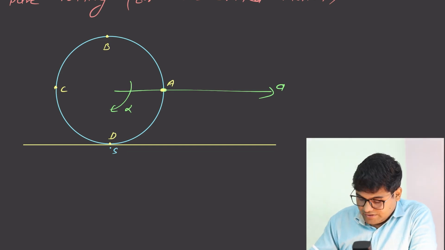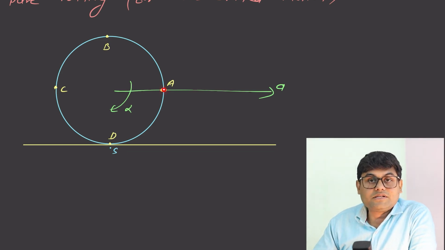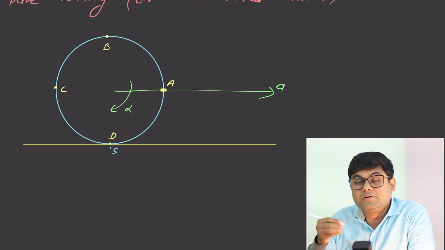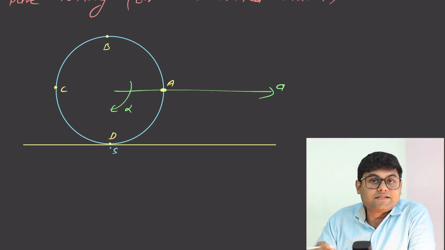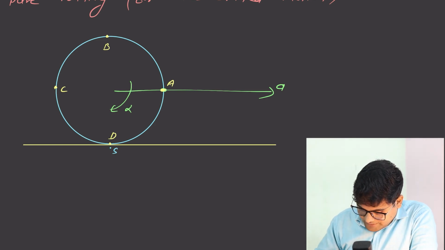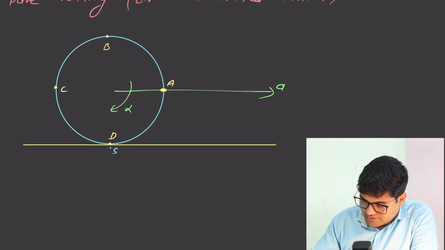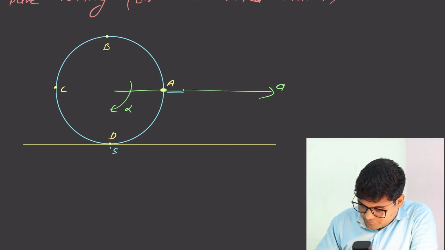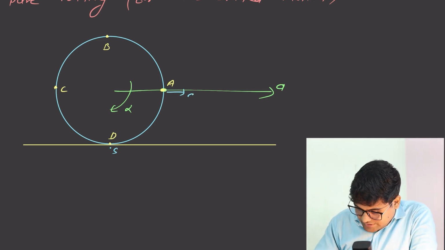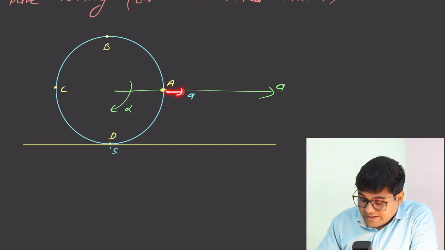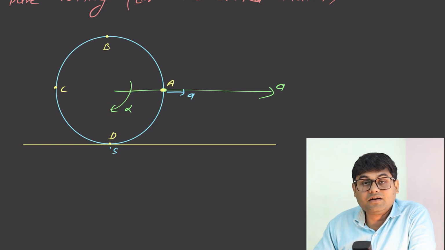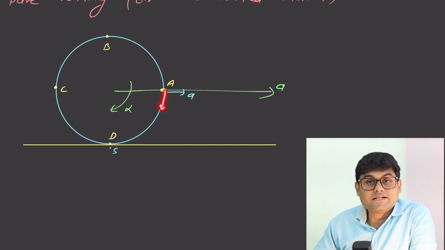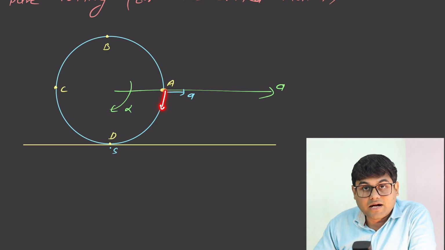The acceleration of every point on this body will be equal to the vector sum of acceleration because of translational motion and acceleration because of rotational motion. So for this point A, for example, net acceleration will be what? This acceleration A because of translation, and since it is rotating with some angular acceleration alpha, there will be one tangential acceleration in this direction, and that will be equal to r alpha.